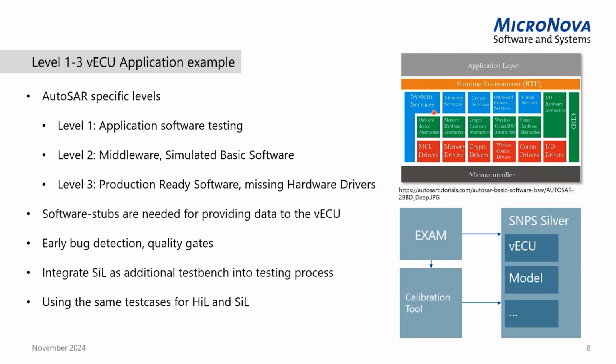And when we get to the higher level, we've got production-ready software, but are still missing some hardware drivers. This approach generally needs the software to be modified. So we take the production code here, but need to modify it for generating such a virtual ECU.